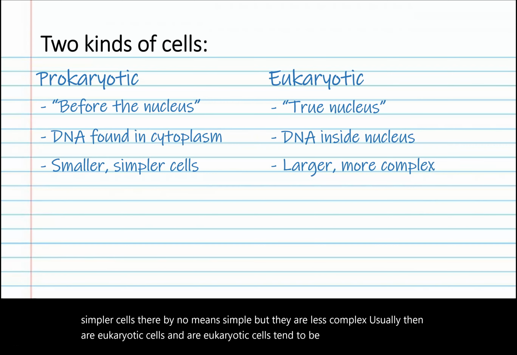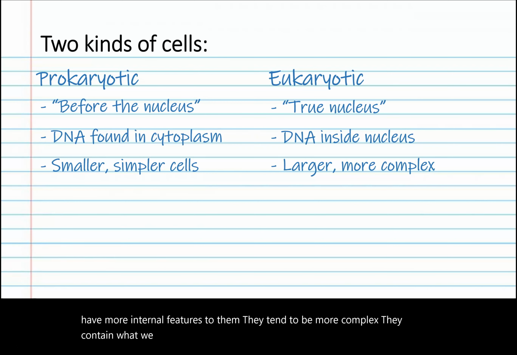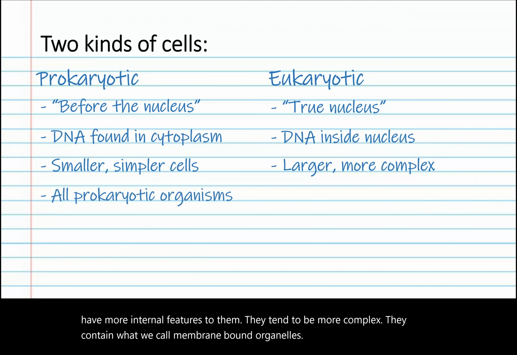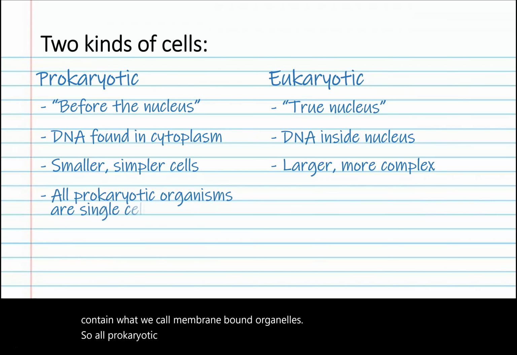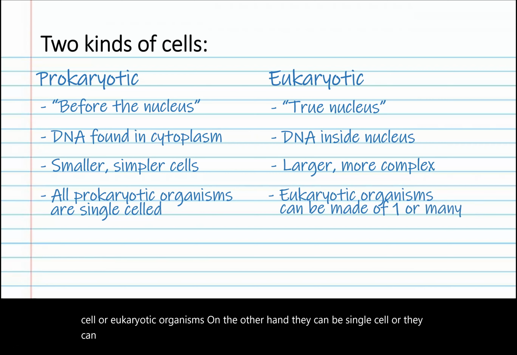They tend to be more complex. They contain what we call membrane-bound organelles. So all prokaryotic organisms are single-celled, right? They're made up of a single cell. Our eukaryotic organisms, on the other hand, they can be single-celled or they can be multicellular.